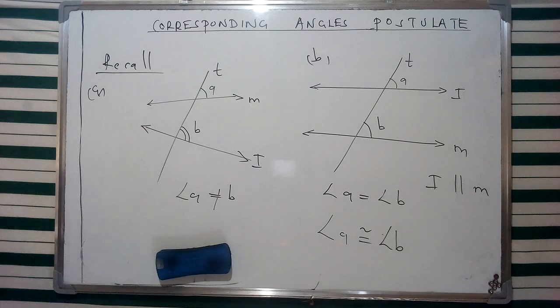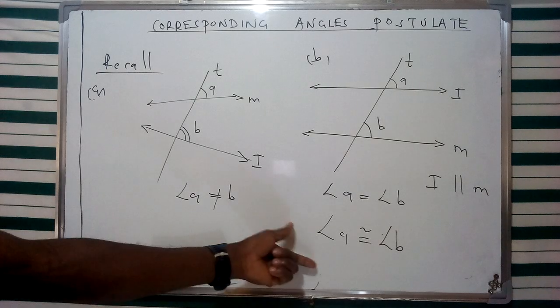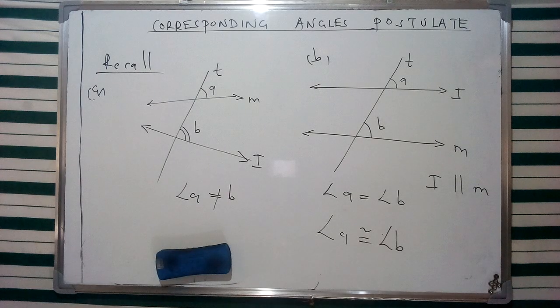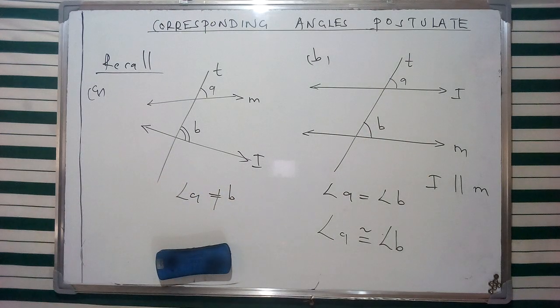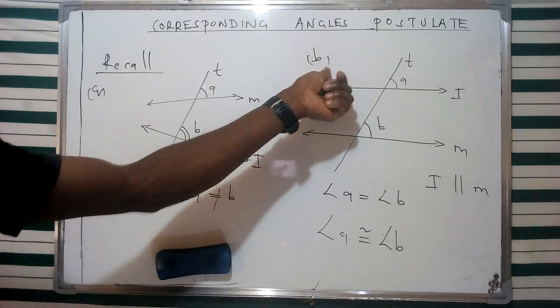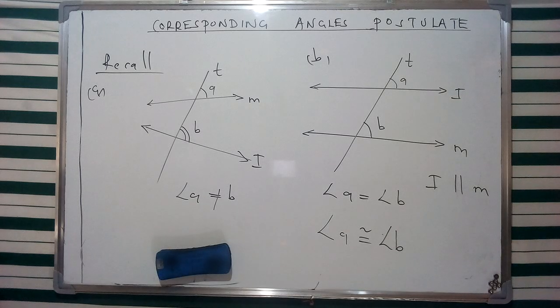So from this particular case, I can say that if I have two parallel lines that are cut by a transversal, then the corresponding angles from that illustration are going to be congruent, as I've given in this statement. Now it's going to follow that another aspect of the corresponding angles from this illustration for my case B is going to be involving congruent angles.